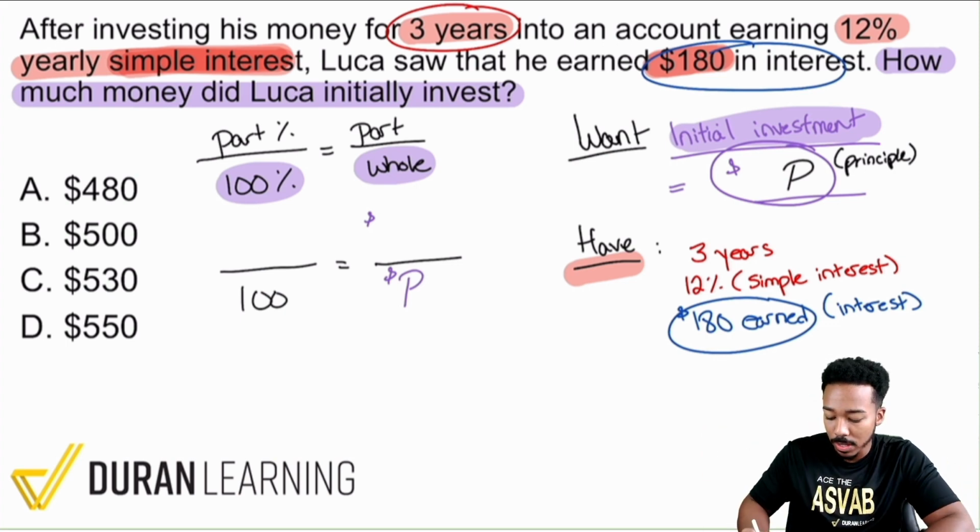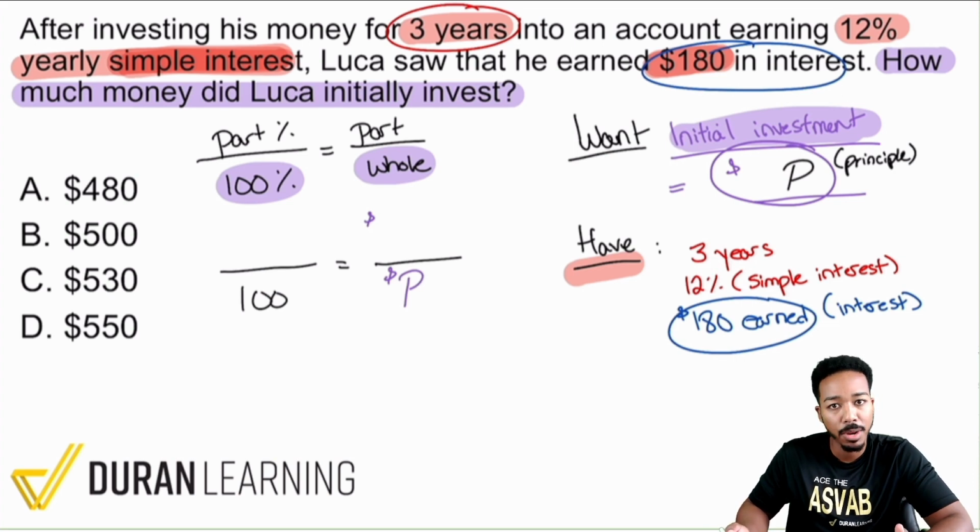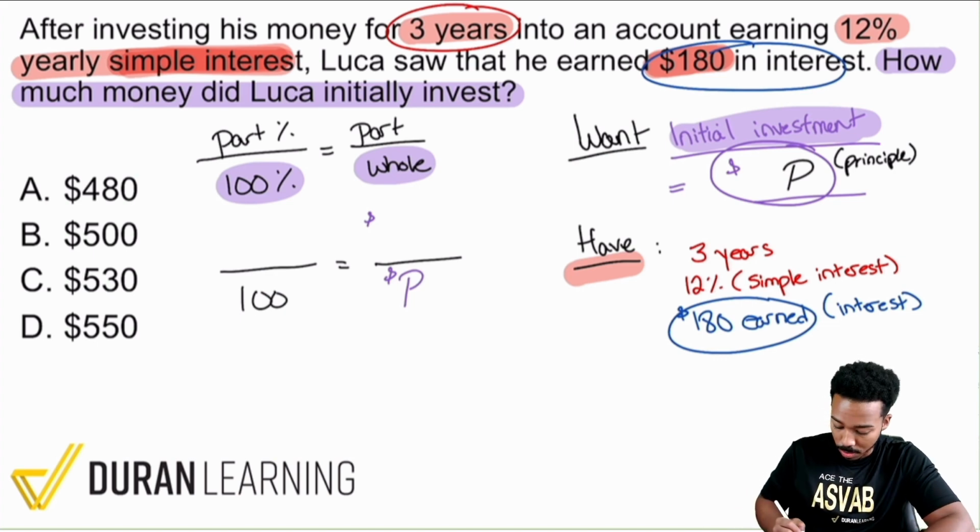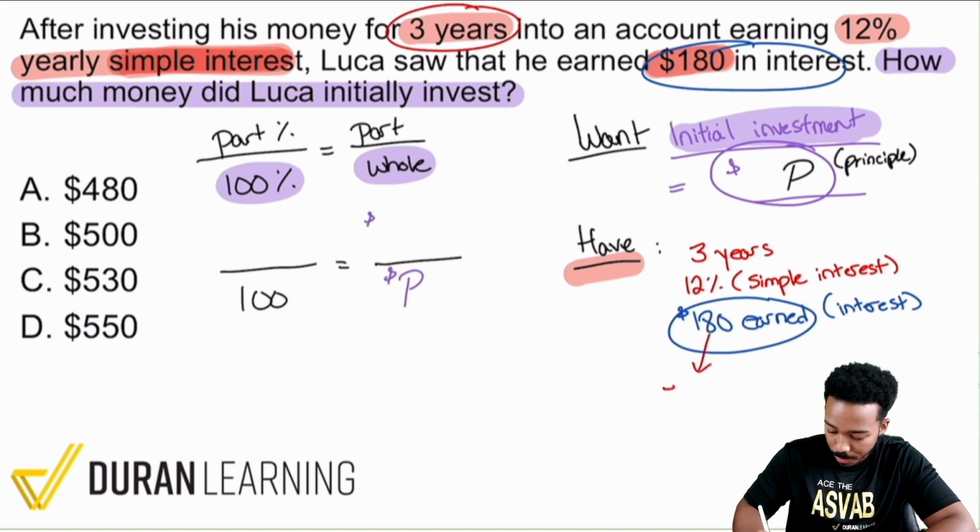So what that means is, if I earned 180 bucks over 3 years, that's 60 bucks per year, because 60, 60, and 60 makes 180, right? So that's 60 for year 1, 60 for year 2, and 60 for year 3.